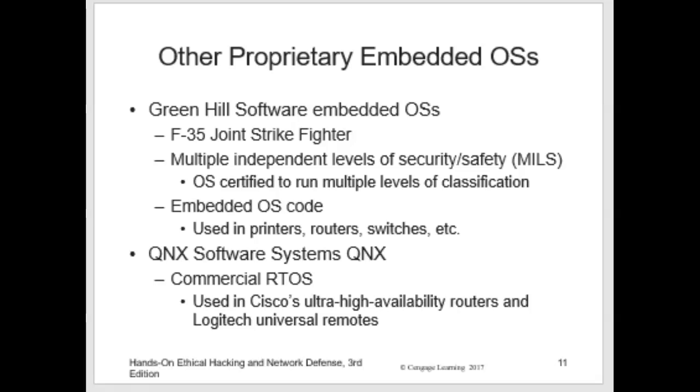Now, Green Hills Software also produces a variety of OSs. They designed embedded OSs for the F-35 Joint Strike Fighter. This is a joint fighter airplane that probably dozens of countries own today, built largely here in the United States, but shared with, like I said, dozens of countries.